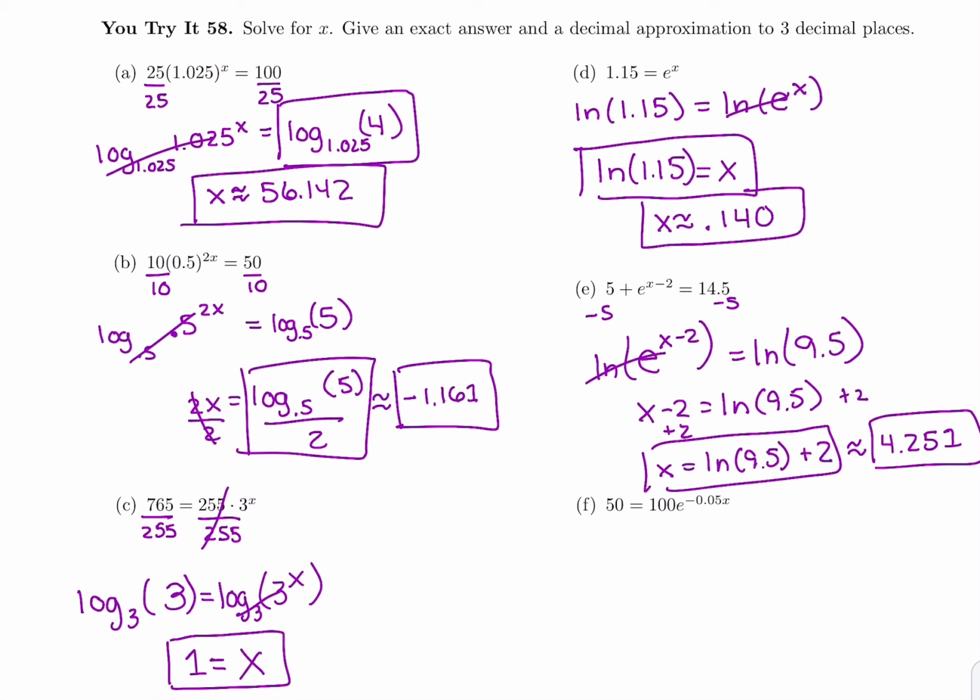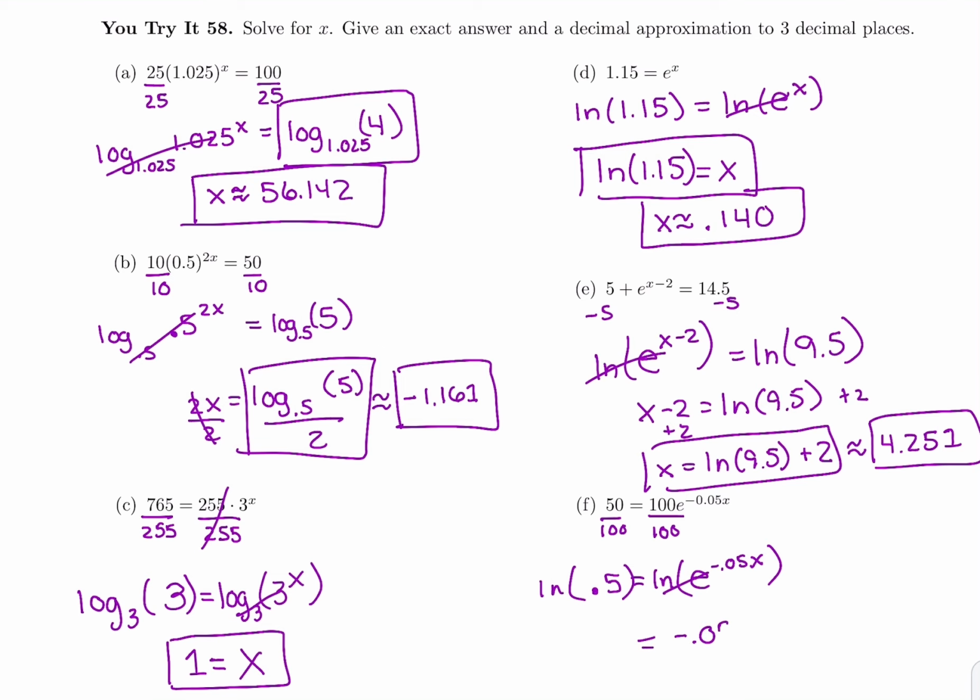And now this last one, we have e to a power that has x in it, so we know we're going to end up taking ln of both sides. Before we can, we're going to have to divide by 100 to get that e term by itself. 50 divided by 100 is a half, or 0.5. And then I'm going to leave some space, e to the negative 0.05x. That way I can take ln of both sides to bring down that x. Get rid of that e base.